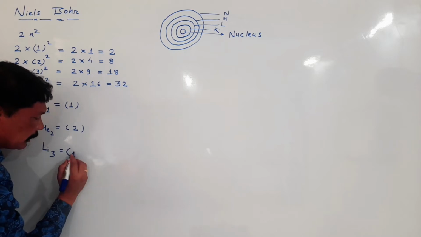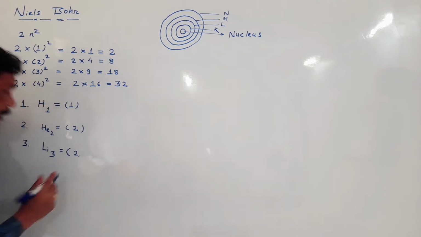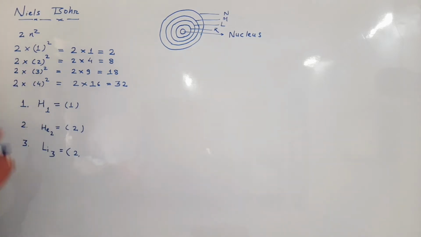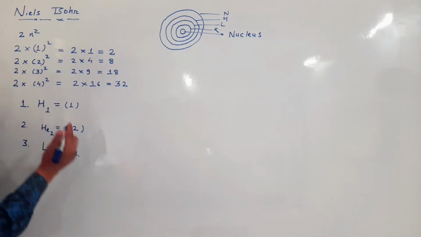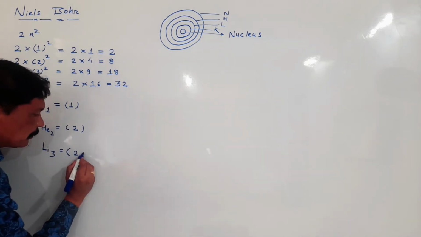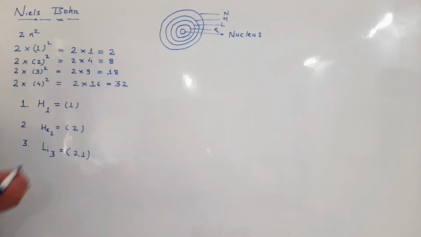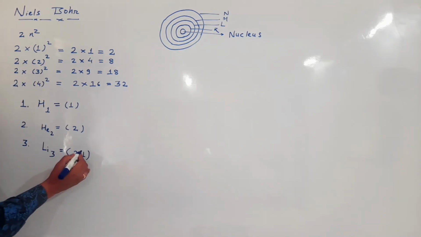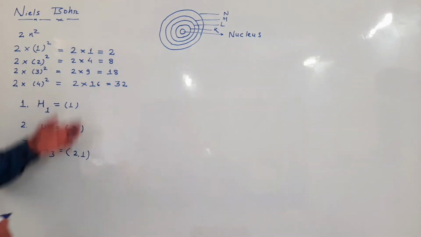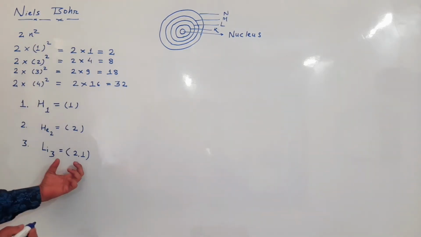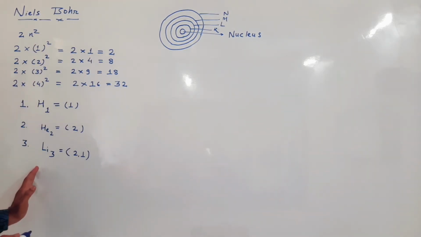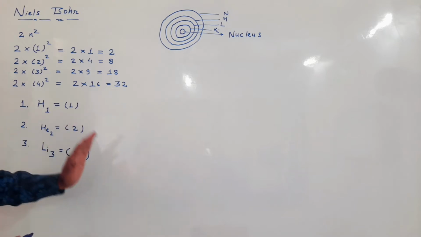So we will write first 2. Total 3 electrons are there. One more electron lithium has, so we will put it in the next orbit. And the electronic configuration can be written as 2, 1. In the first orbit 2 electrons are there, it is completely filled. The next remaining electron will be put in the next orbit.